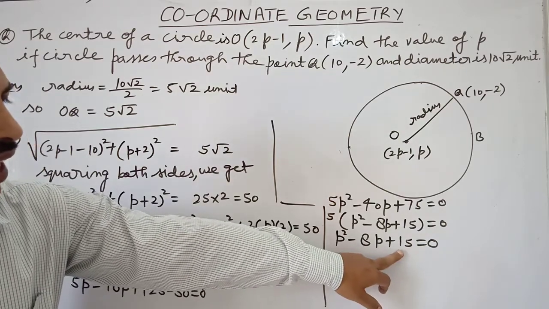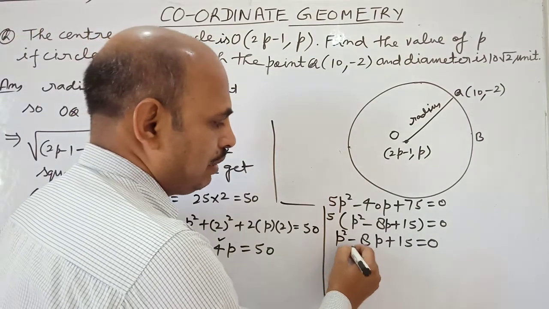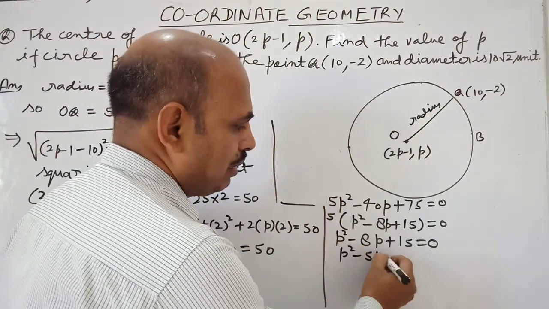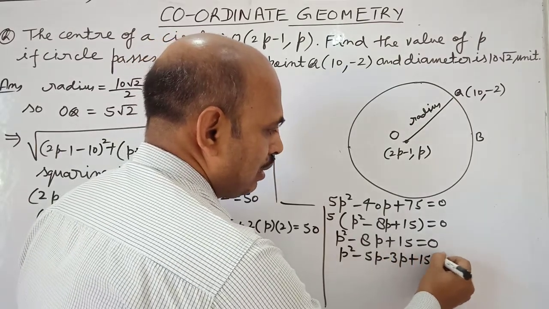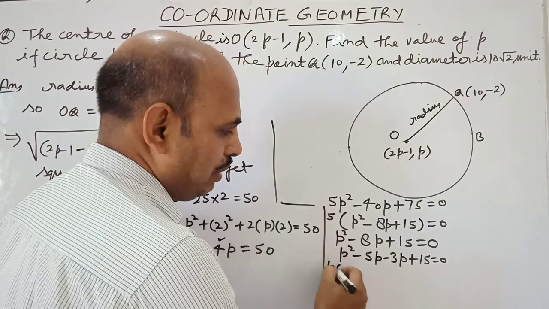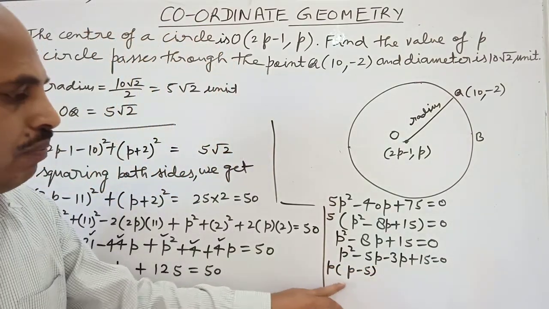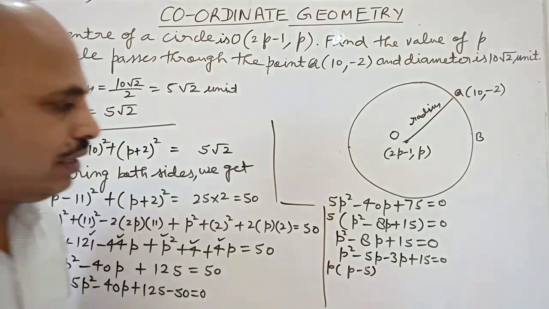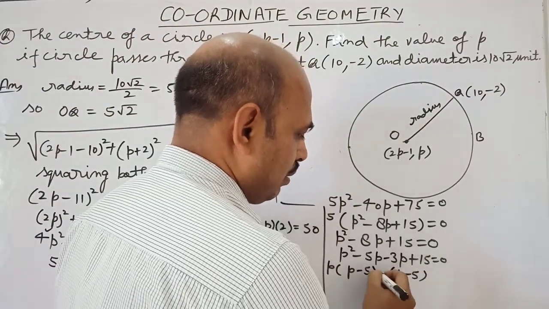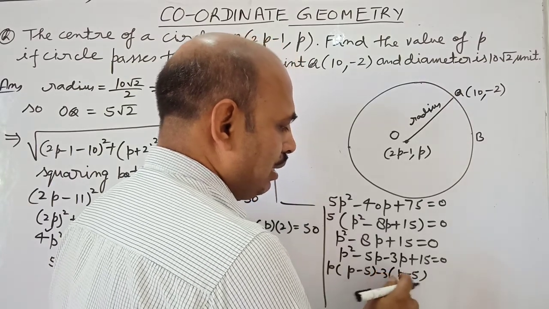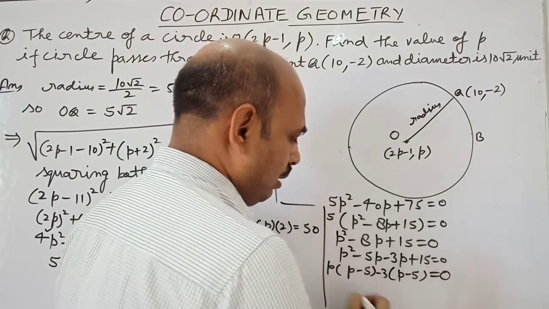15 equal to 5 into 3. P square minus 5p minus 3p plus 15 equal to 0. Take p common: p into p minus 5, and here minus 3 common: minus 3 into p minus 5.